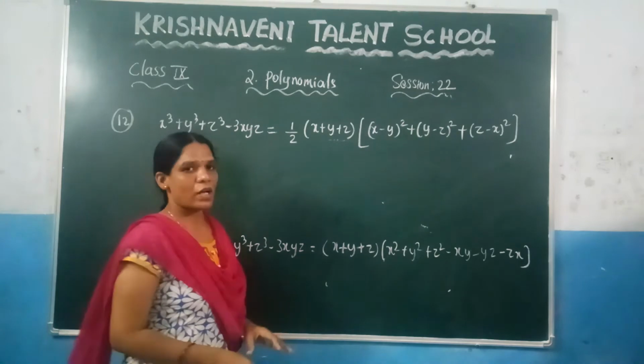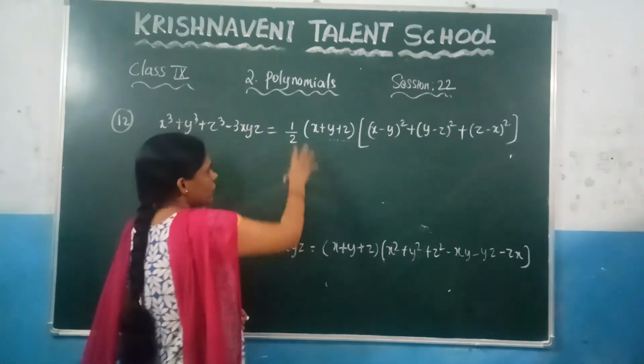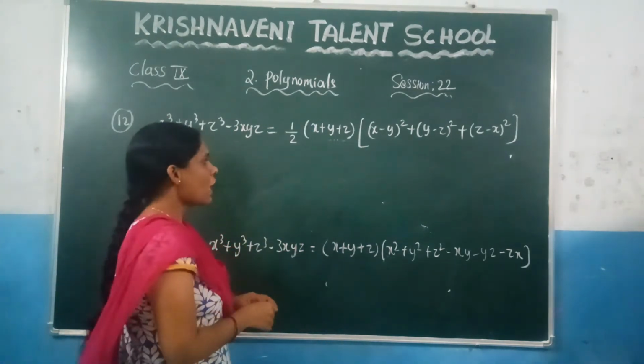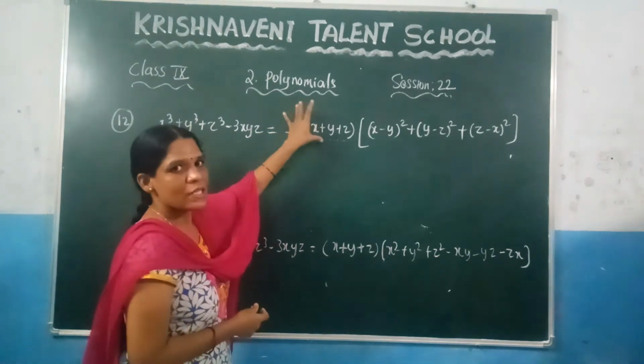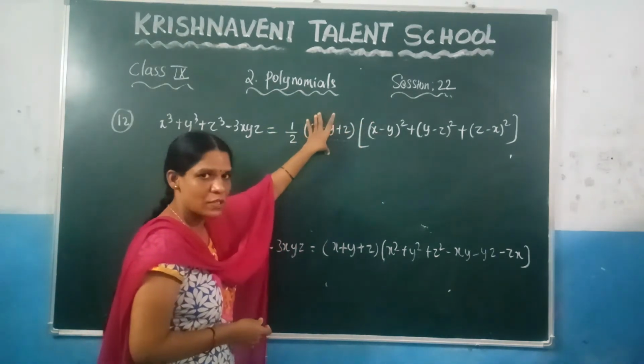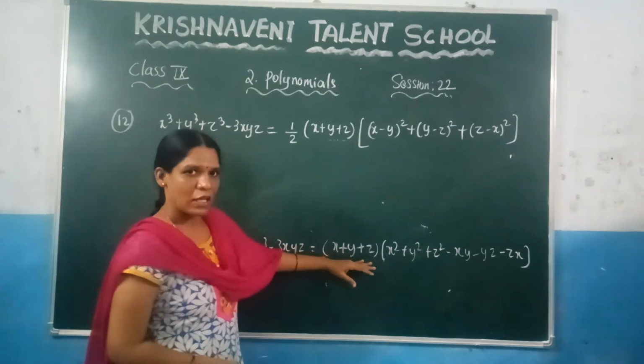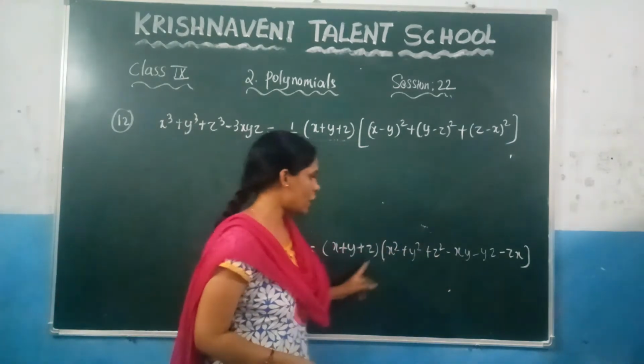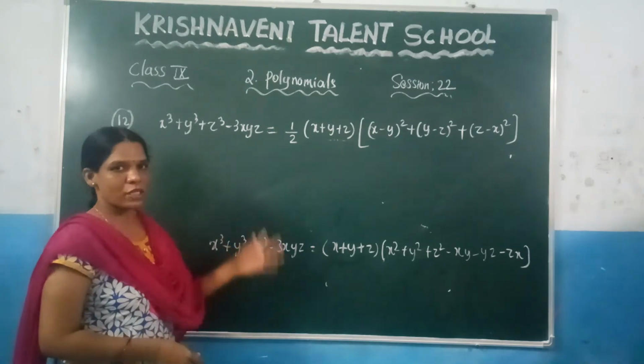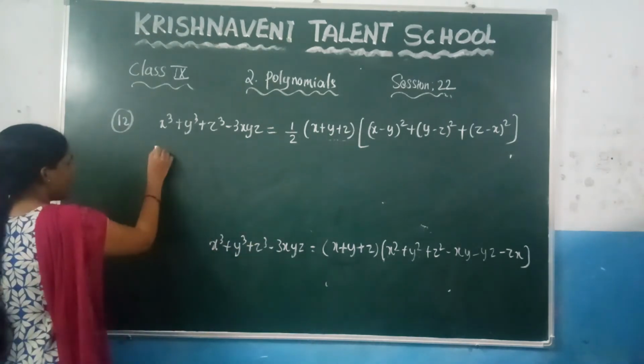So here what we will do now, you take the RHS part and change this expression into the form of this one. If you change it, you know that this value is nothing but this value, so you can substitute it.